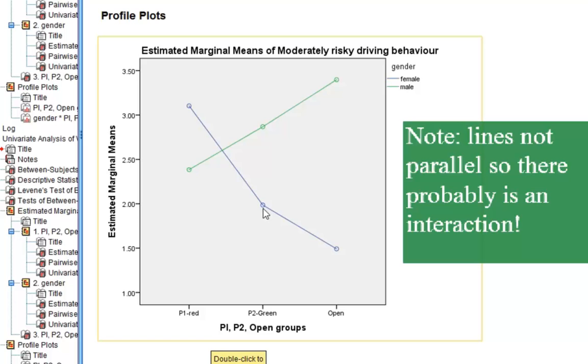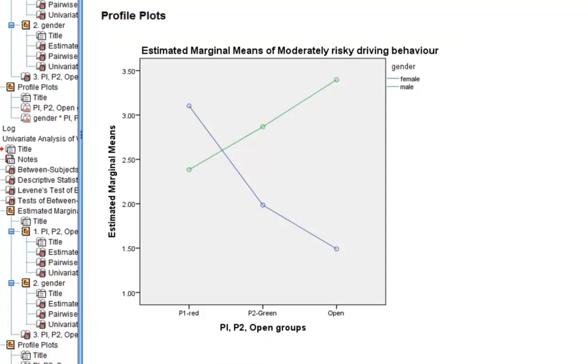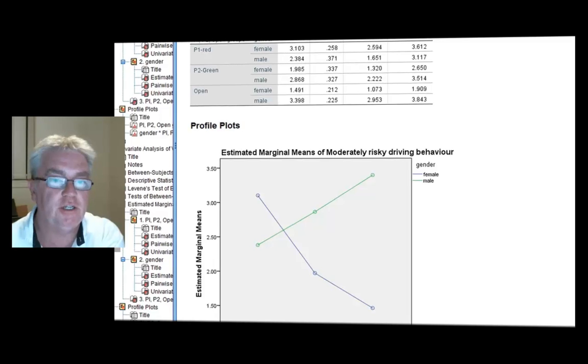At P2, women scoring lower than men. And P3, women scoring much lower than men. As we go across license group, men get riskier, women get less risky. So this has shown me that I do have the interaction that I was expecting.